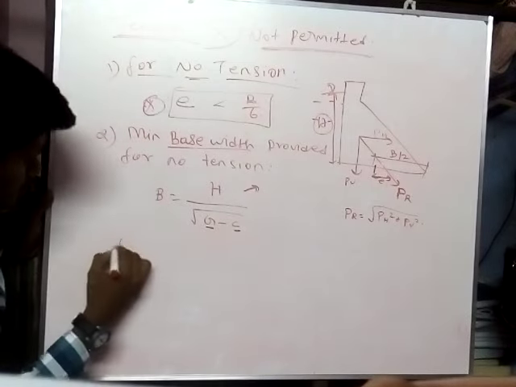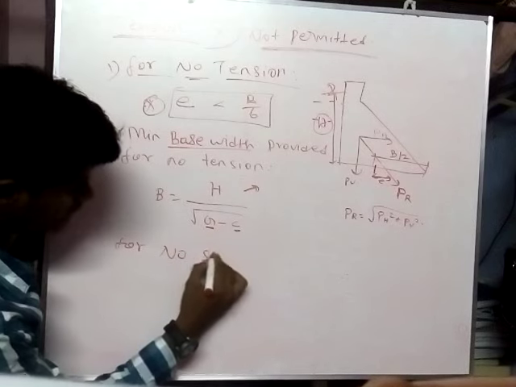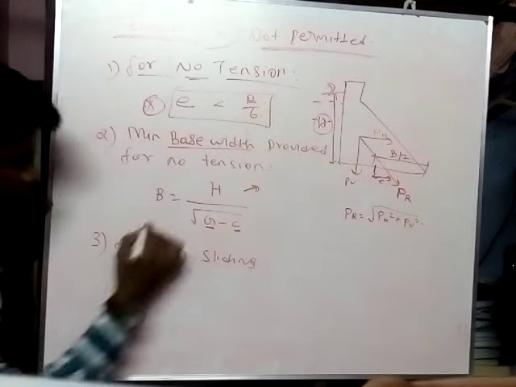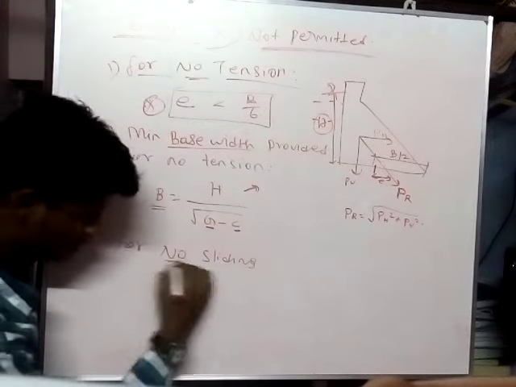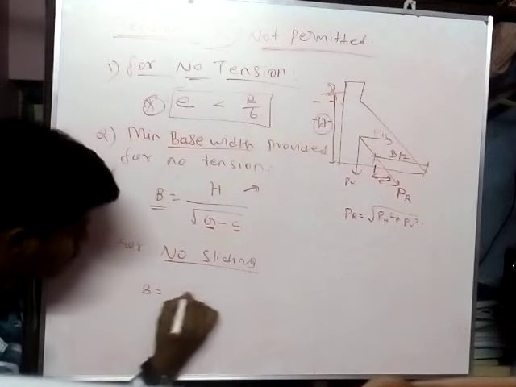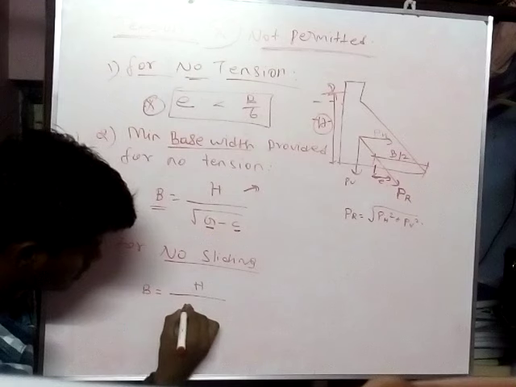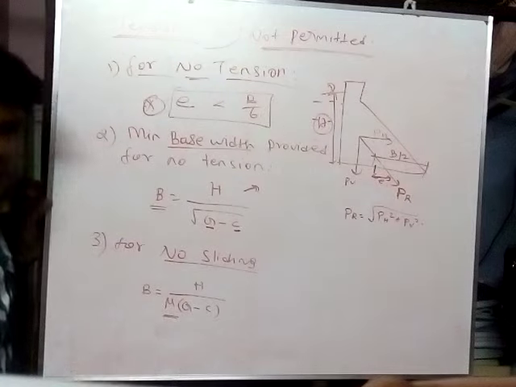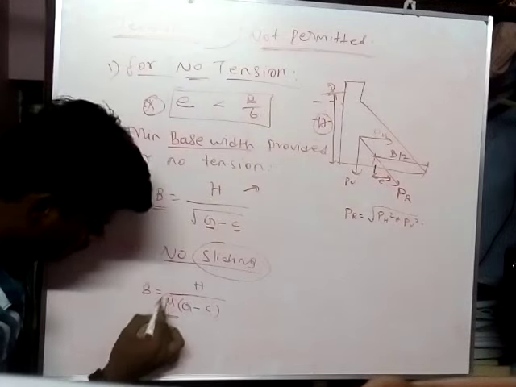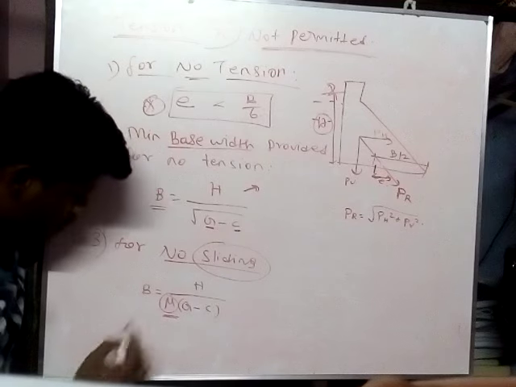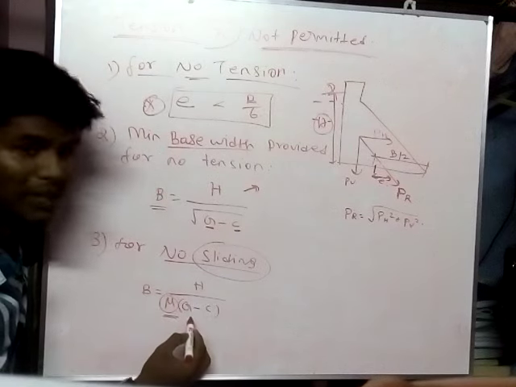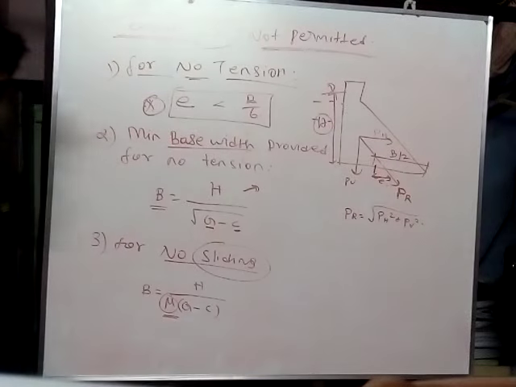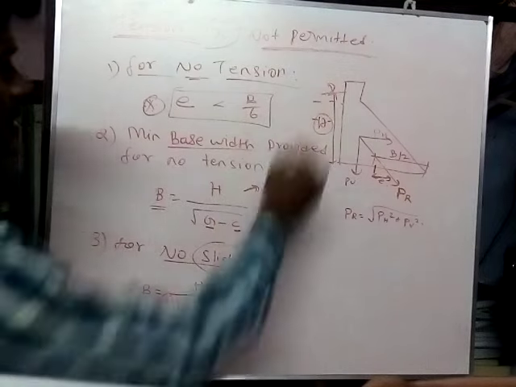For the no sliding condition, the provision of base width is B equal to H divided by G minus C. In sliding, we consider the coefficient of friction, so B is equal to H divided by mu times G minus C. That is important. So no tension is permitted at any point of the dam.